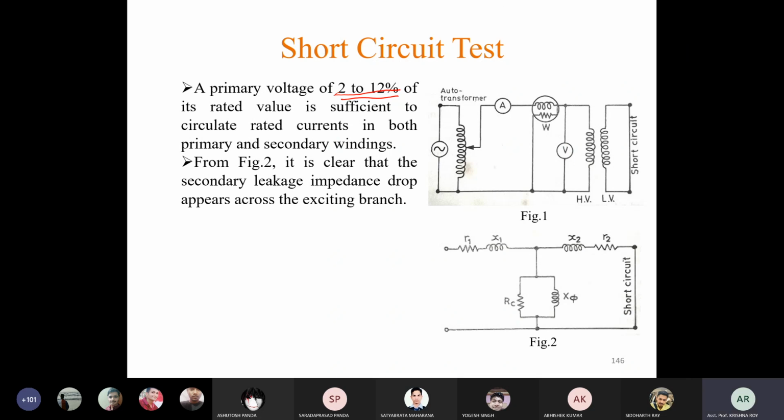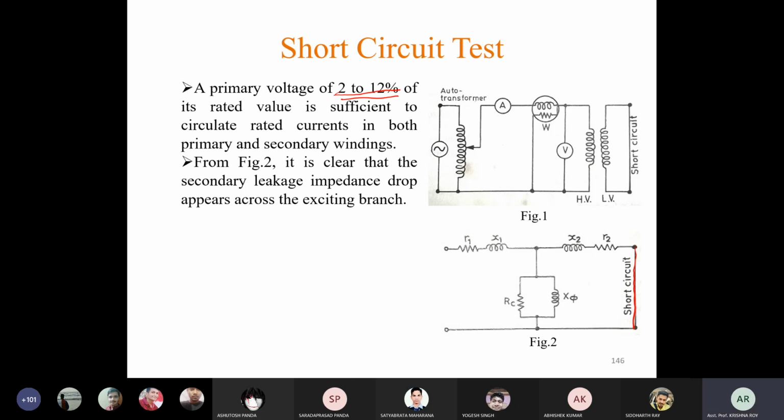This is the circuit we are going to have after performing this short circuit test and after calculation. In this circuit, this side is short circuited.